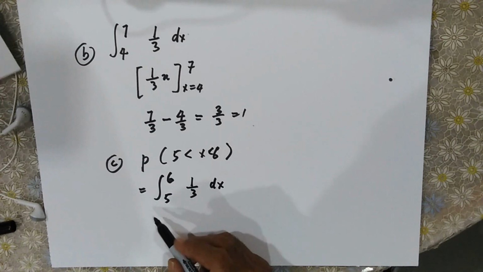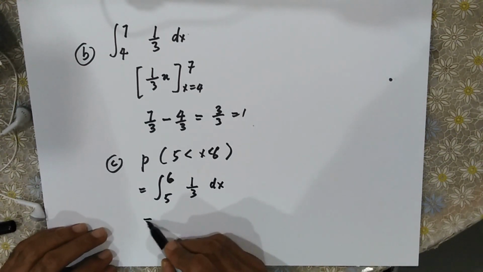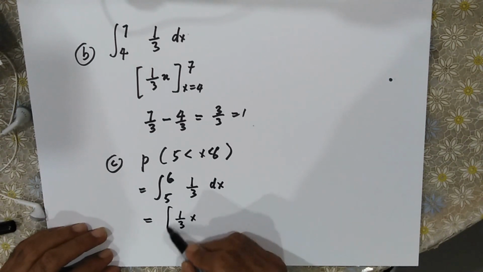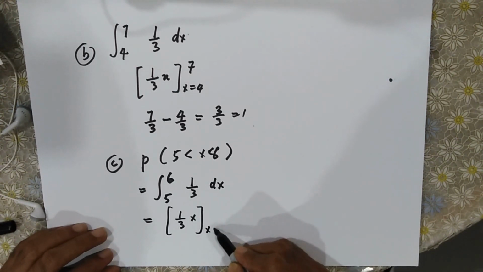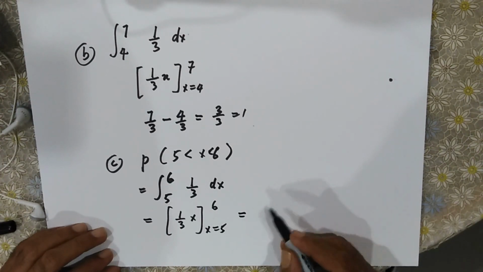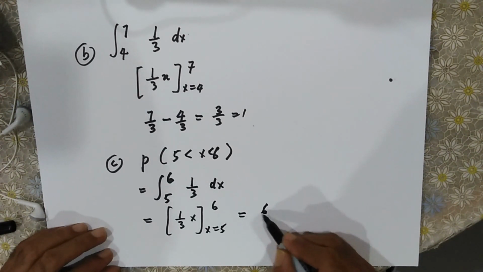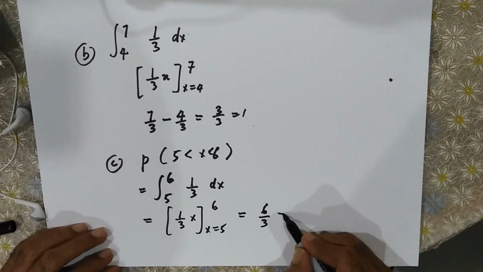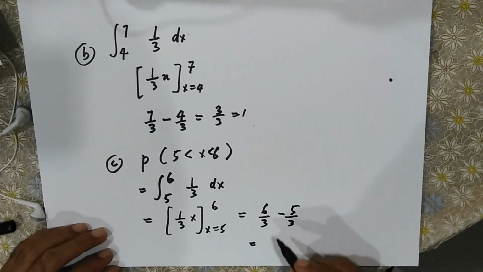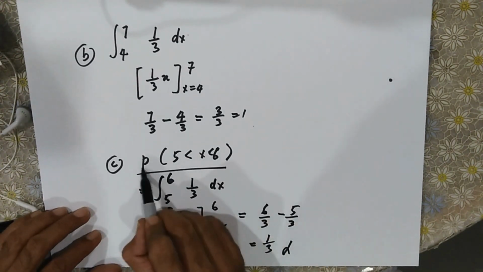If you integrate here, you get 1 over 3 x. Substitute for x equal to 5 and 6. This will give me the answer of 6 over 3 minus 5 over 3, which is equal to 1 over 3. This is the final answer for this part.